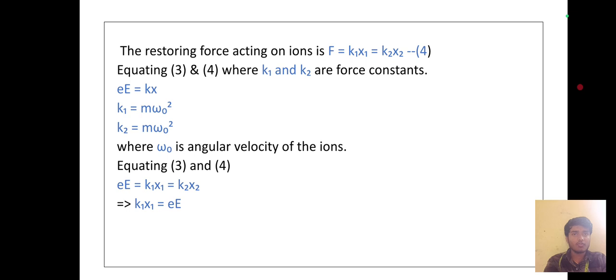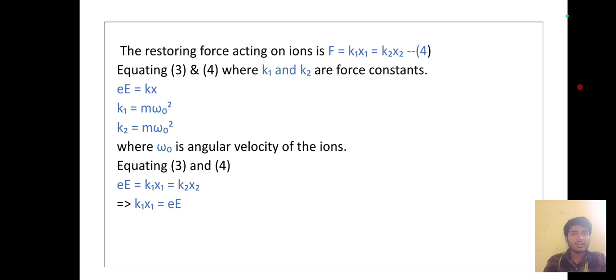This is equation 4, where K1 and K2 are force constants. Equating equation 3 and equation 4, e E equals Kx. K1 equals m omega naught square, K2 equals capital M omega naught square, where omega naught is the angular velocity of the ions.